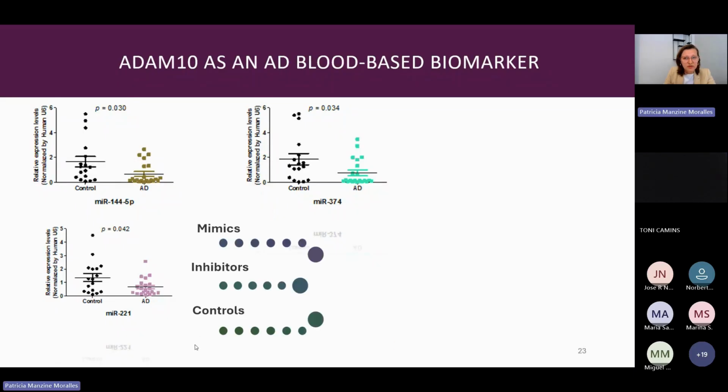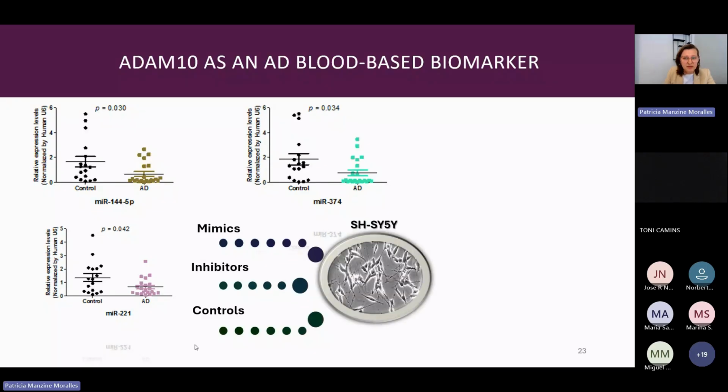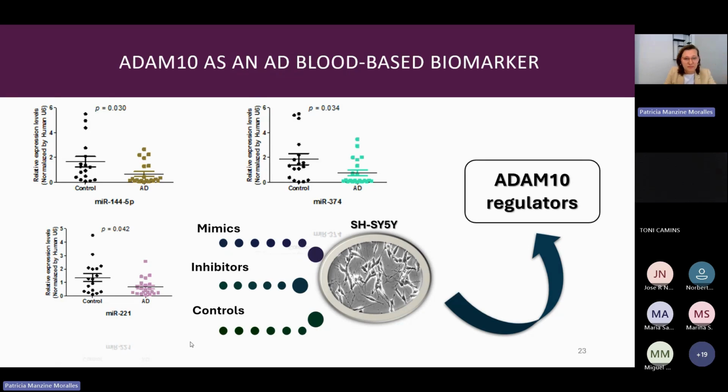Later, these results were applied in mimic and inhibitor assays using SH cell culture in order to verify the regulation of ADAM10 levels by these microRNAs.